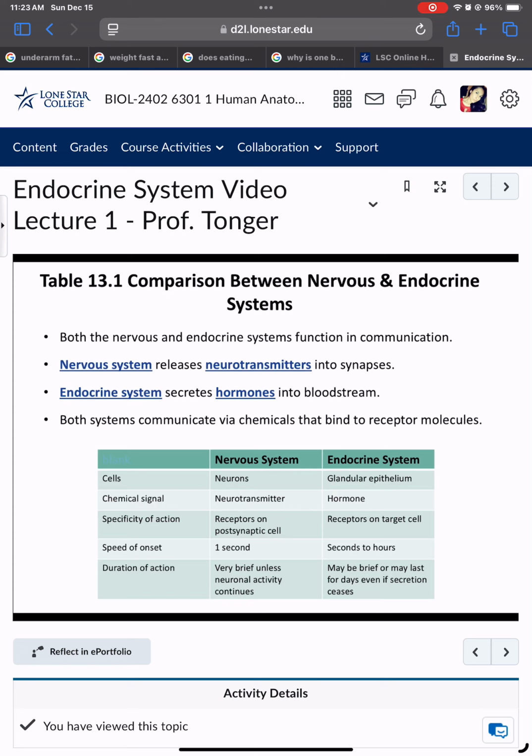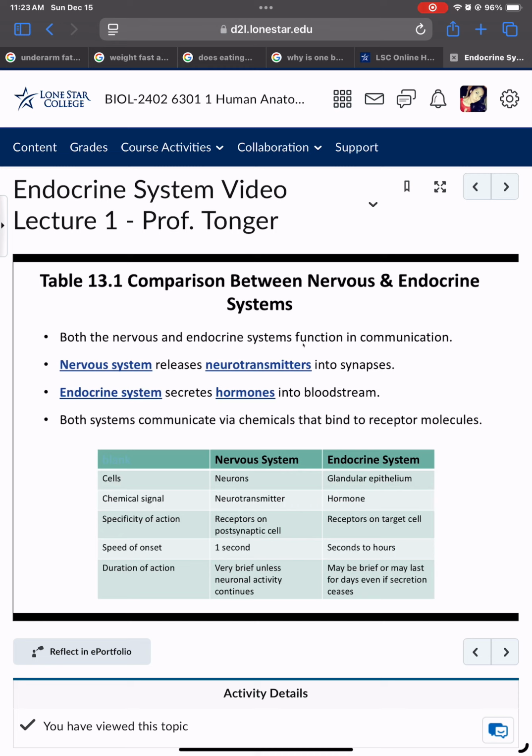The effect is a little slower and may not be immediate, but it is always longer lasting than that of the nervous system. There is a common thing among both of these systems: they communicate via chemicals that bind to receptor molecules.